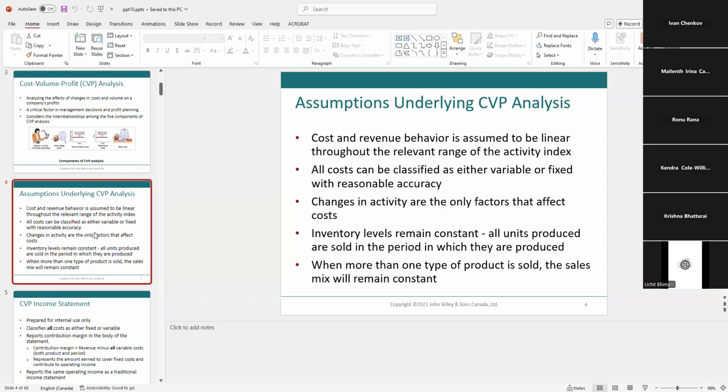Second assumption is all the costs can be identified and separated into only 2: either they're variable cost, or they're fixed cost, nothing else. Now, the change of activity is the only factor that drives sales and the cost.